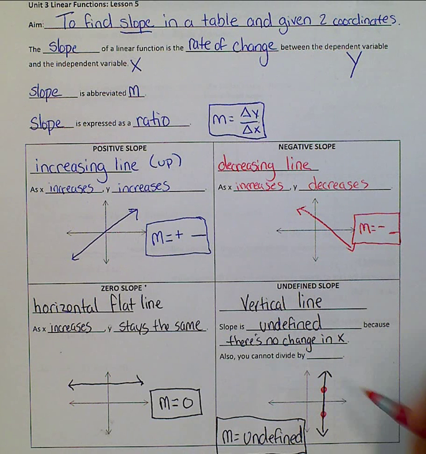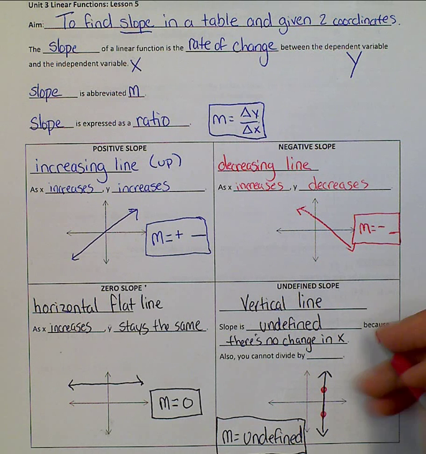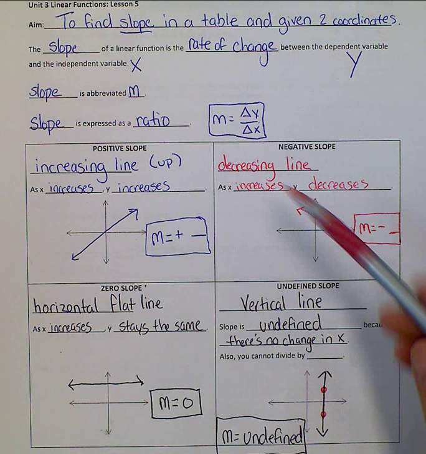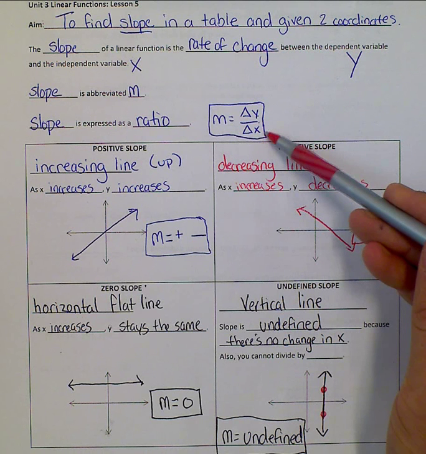It goes up a certain amount of units. But does it ever move left or right? No, right? It doesn't go over and up. It just goes up. Or if I'm thinking of it from this point to this point, it goes down. So because there's no change in x, that would mean our denominator of our fraction way up here would be 0. There's 0 change in x.